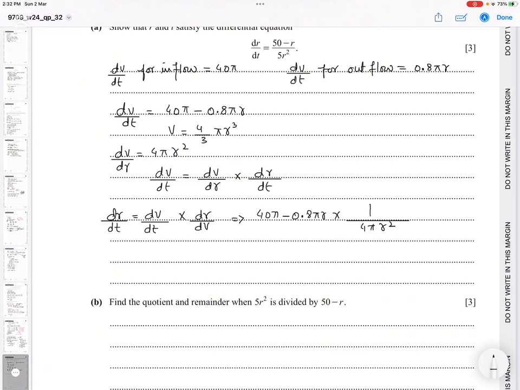Now we can change the 0.8 into fractions. So 40 pi minus 4 over 5 pi r times 1 over 4 pi r square.